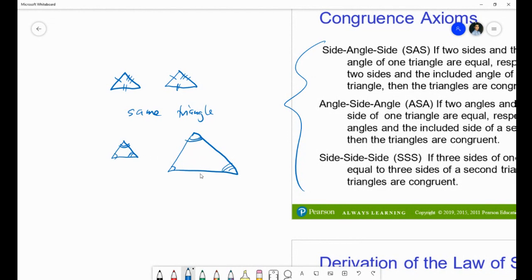If I claim that these two triangles are exactly the same, that is not true. You can see that they are not because they have different side lengths. So angle is not a congruence axiom. All right, so side, angle, side.